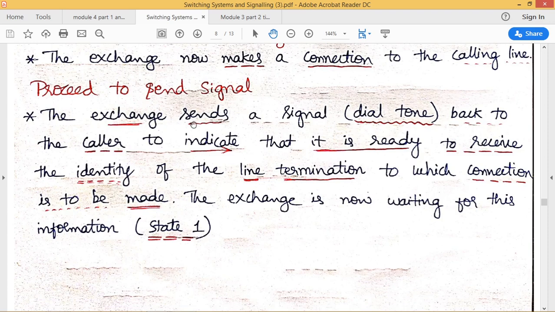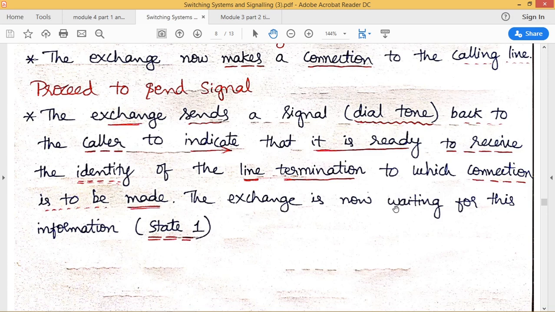So the exchange sends a signal, that means dial tone, back to the caller to indicate that it is ready to receive the identity of the called party, that is, the line termination to which the connection is to be made.